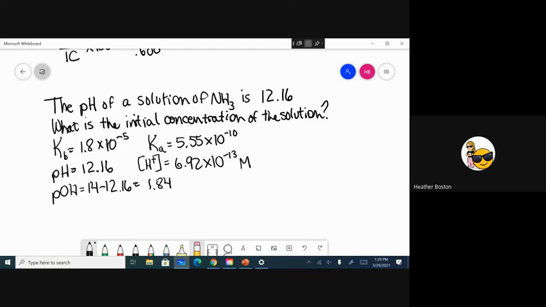Now, there's two ways that I could calculate the concentration of OH minus. I can remember that the concentration of H plus times the concentration of OH minus always multiplies together.